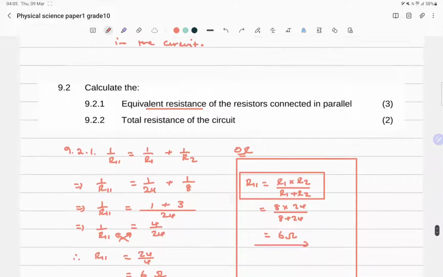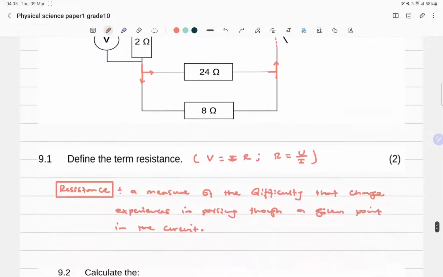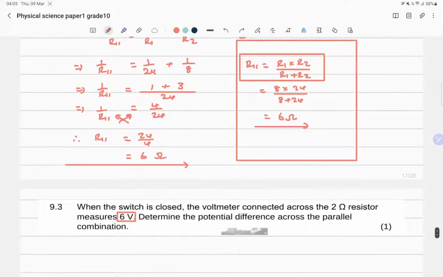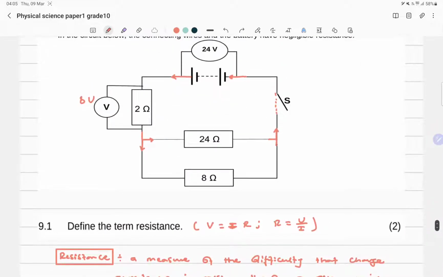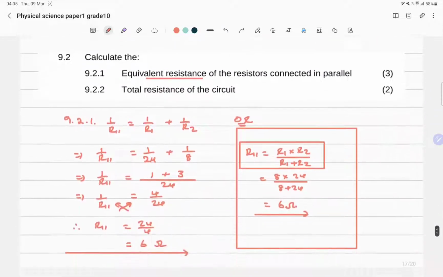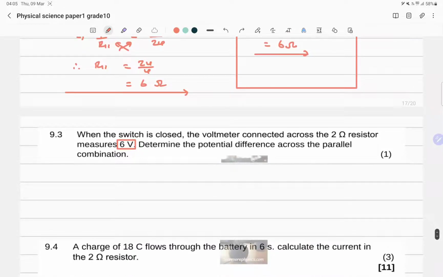Let's just say V external is going to be equal to V plus V parallel, isn't it?